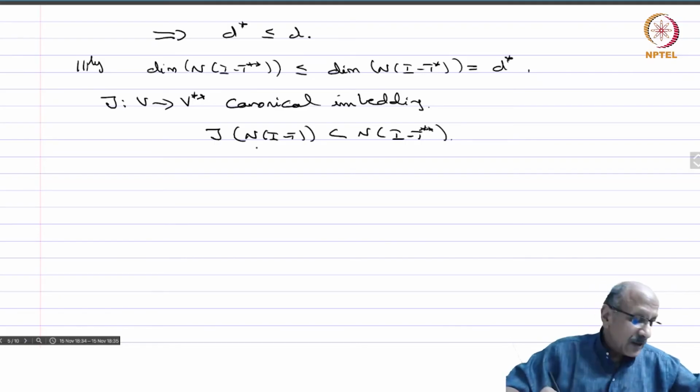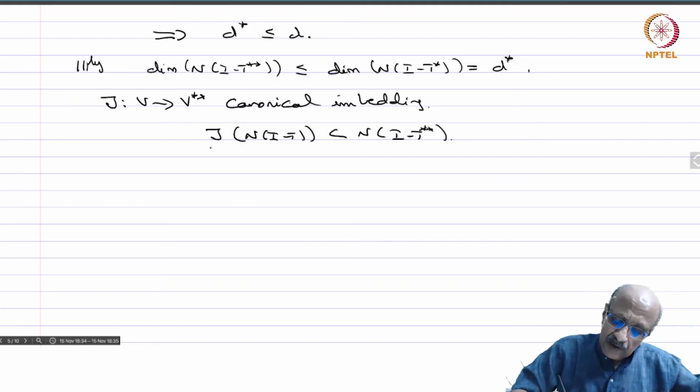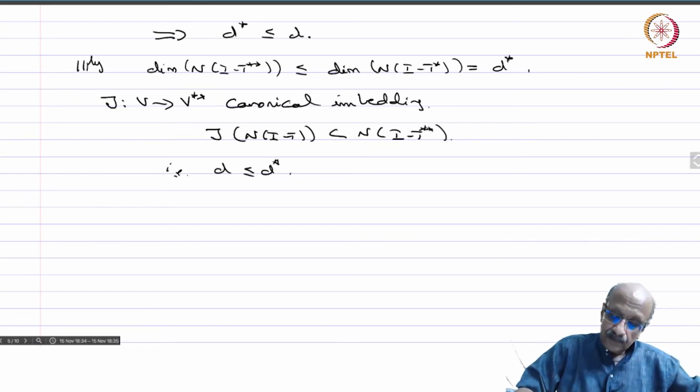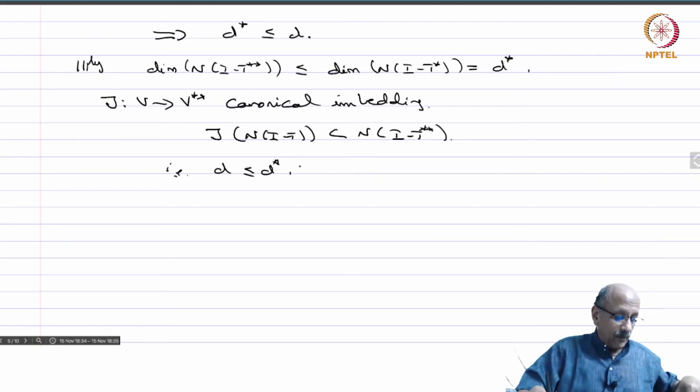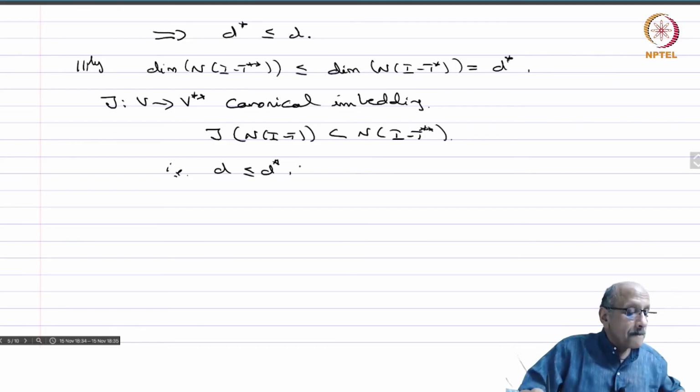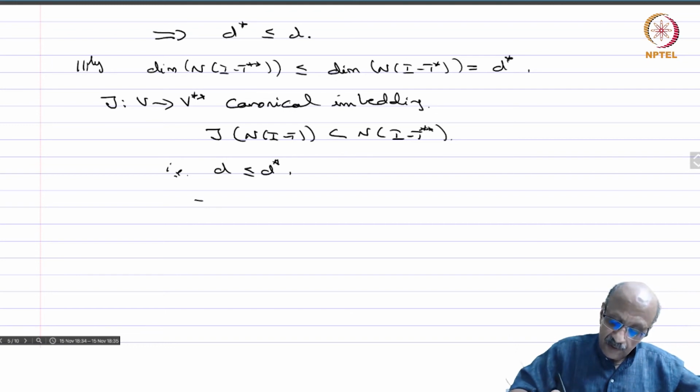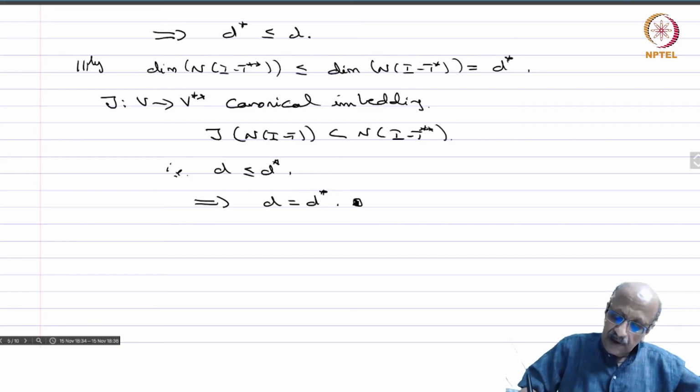Okay, so now J is an isometric isomorphism, so the dimension of this space is precisely D, that is D is less than or equal to D star. And therefore this implies that D equals D star, and the theorem is completely proved.